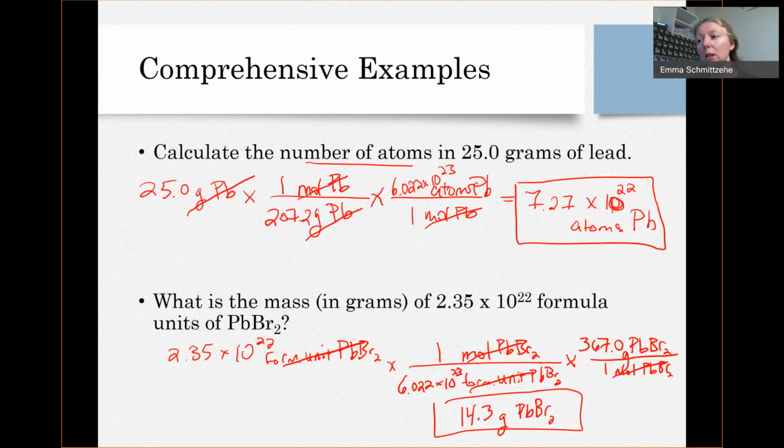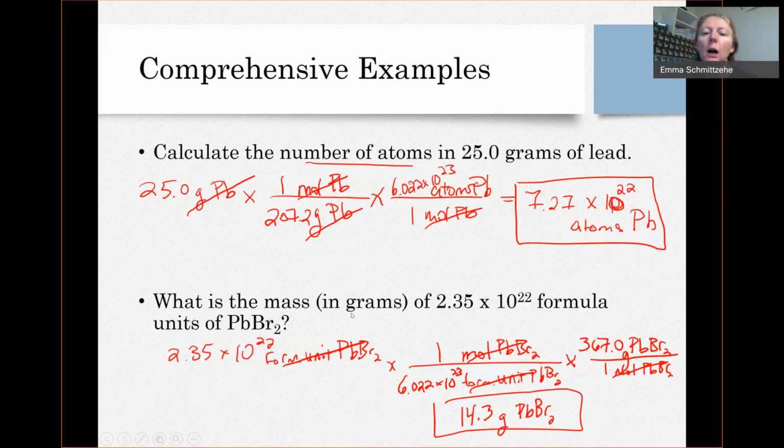Moles usually is the thing that we can link to about everything that we want to know. So very often, if you're not sure what to do, convert whatever you're given to moles, and then think again if you have any other ideas of how you can get to the end goal. Very often, the first thing you should do is convert to moles, unless you already know for sure that you should do something else.